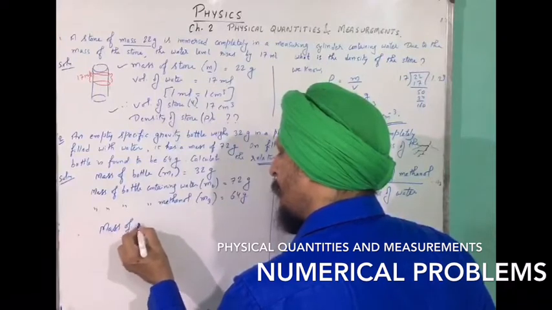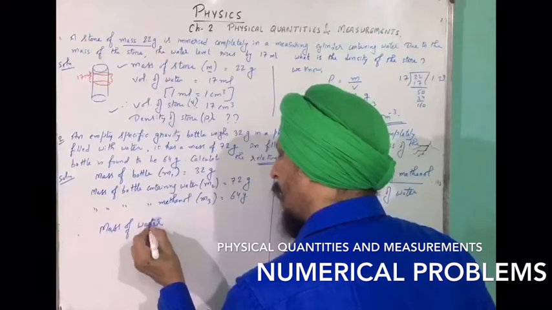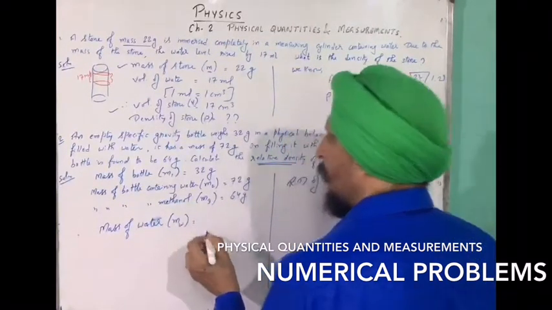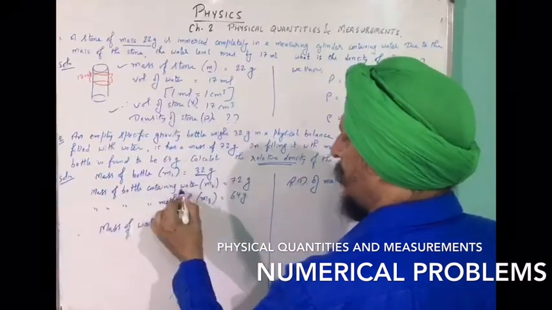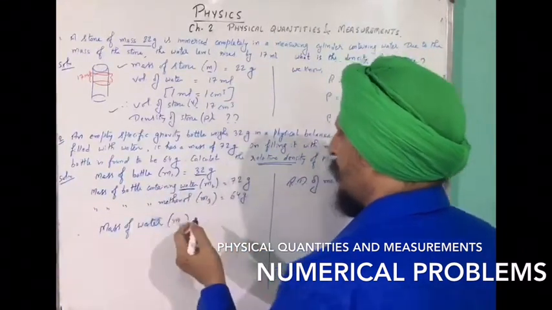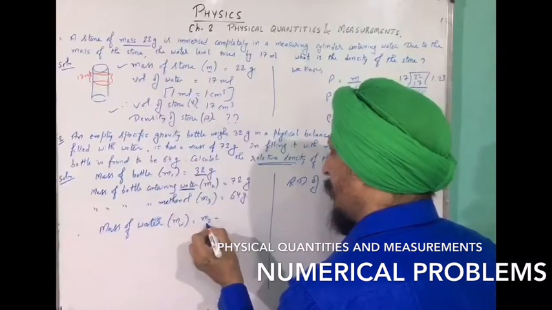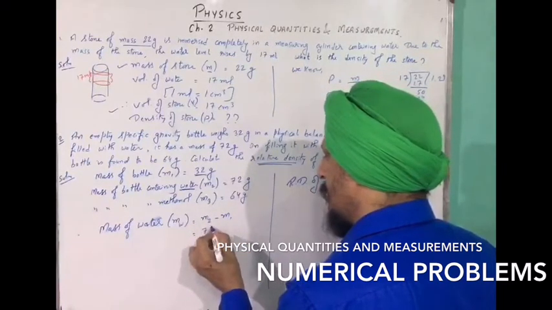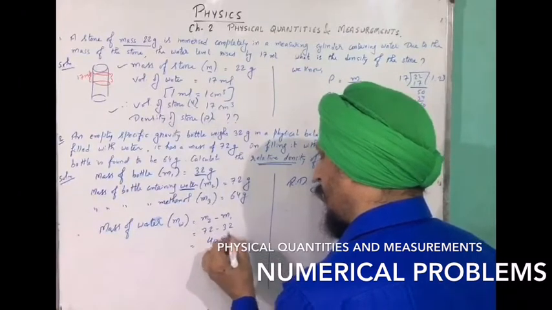Mass of water, MW, means mass of bottle containing water minus mass of bottle. So we subtract M1 from M2, and we get 40 gram.